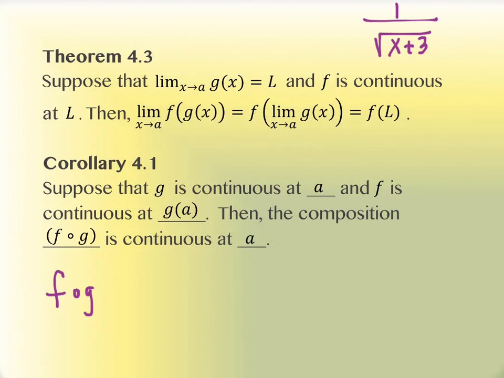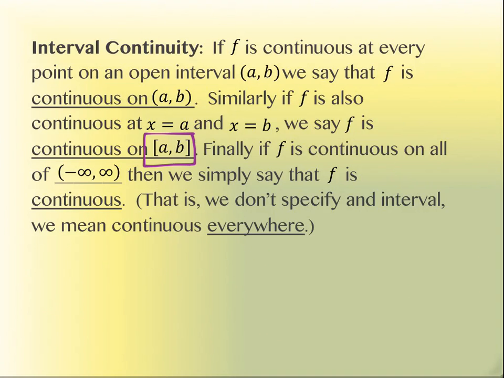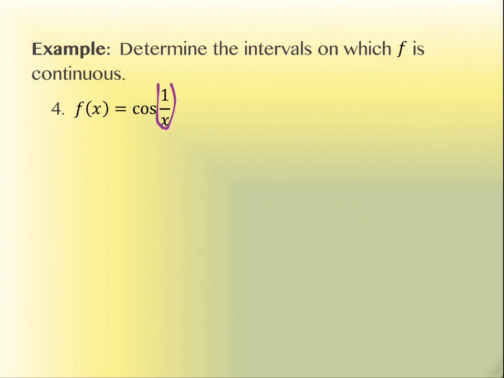Our f of x function is the cosine of x, and my g of x function, the one inside, is 1 over x. Back in an algebra course, you were told that f composed g would be cosine of 1 over x. The fact that the function inside has an issue means cosine has an issue too. It's got the issue at x equals 0, right?